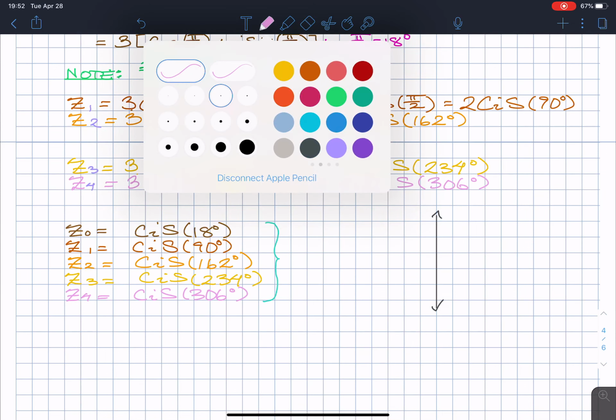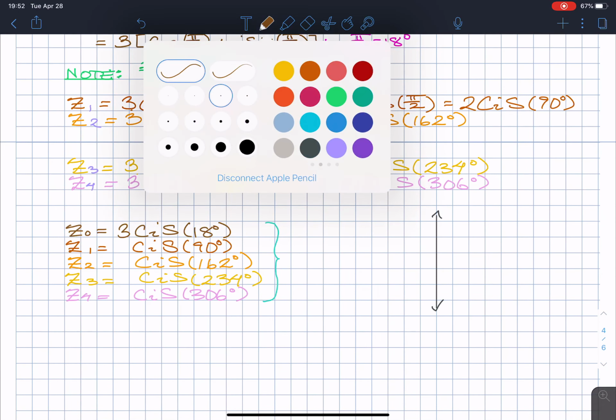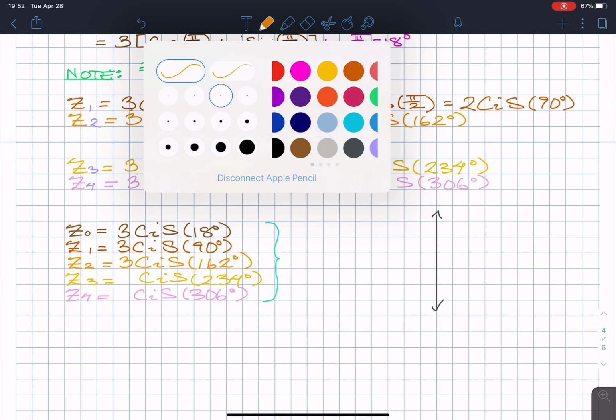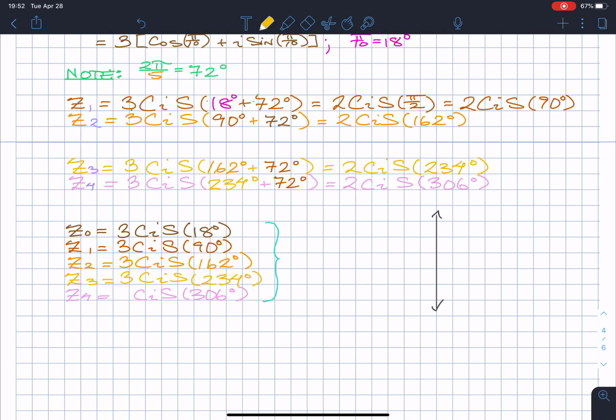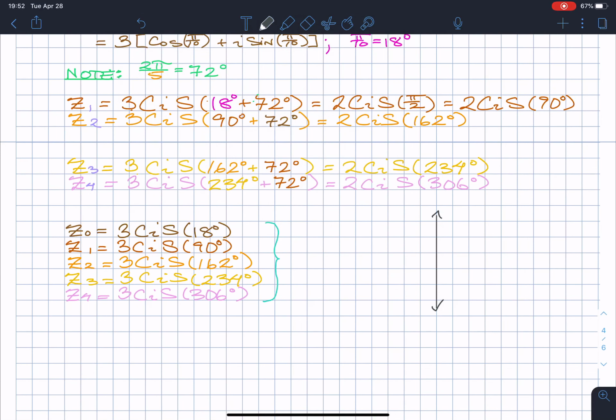Now maybe I could start this off a bit better. I'm now on a circle not of radius 2, but a circle of radius 3. Let's make this a bit bigger then.